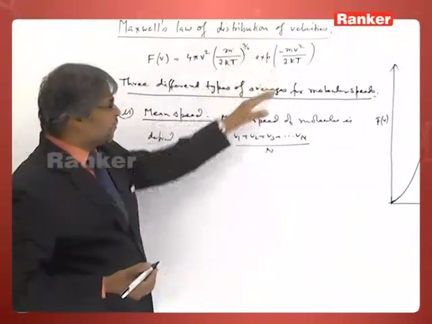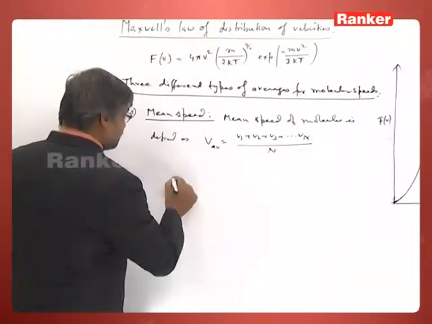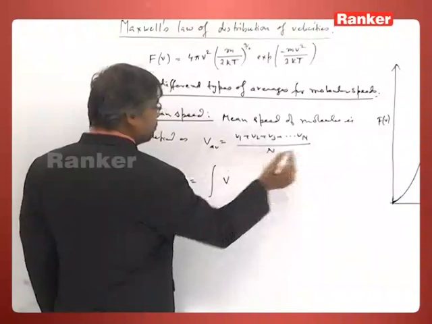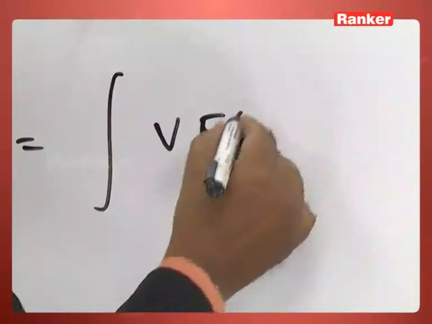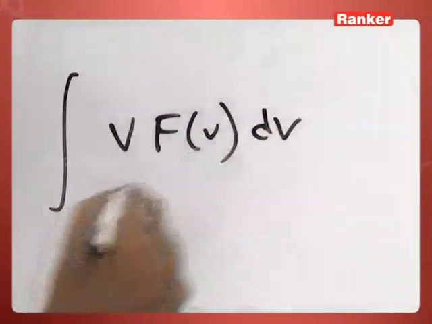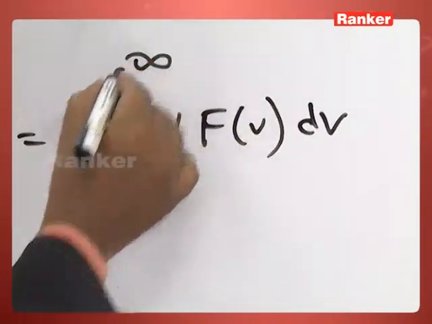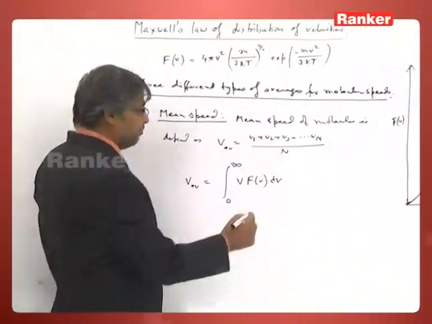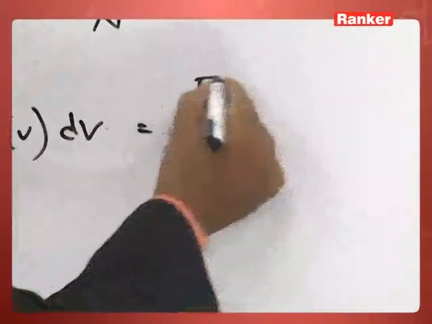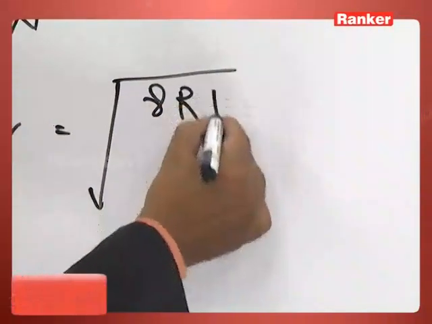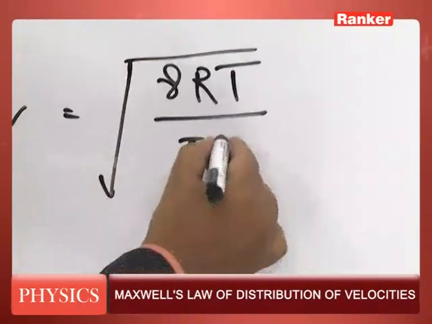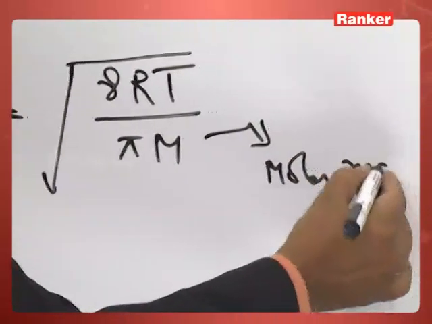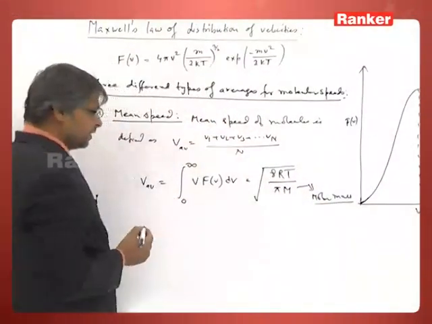Now, if I have to calculate V average, then V average is the integral of V into the probability density into dV, from 0 to infinity. With this calculation, finally it comes out to be root over 8RT by pi M, where M is the molar mass of this gas. This is for an ideal gas.